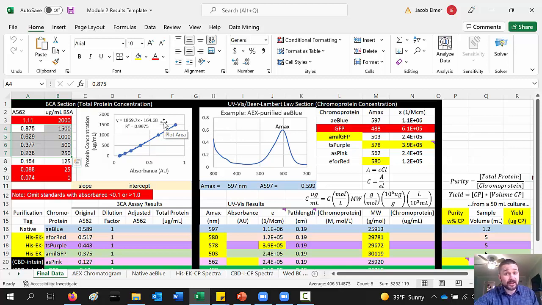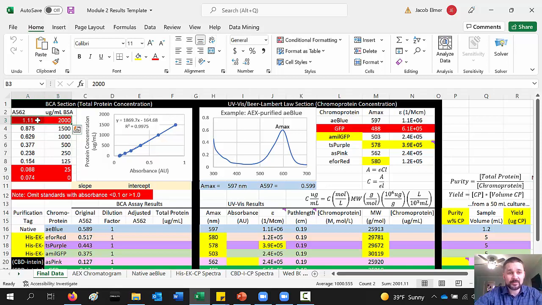But we have to be careful about which points we include in that standard curve, because there might be some points like this one right here where the protein concentration was so high that the absorbance was above 1. I cannot trust that data point because the actual absorbance here is probably much higher than that 1.1.